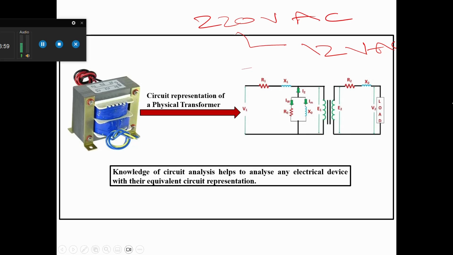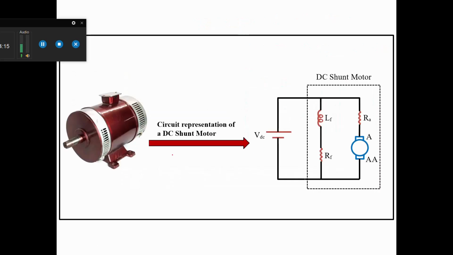Then loads are used after different types of circuits. Knowledge of circuit analysis helps to analyze any electrical device with its equivalent circuit representation. This circuit is used to represent the transformer.